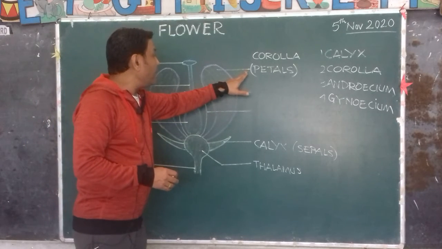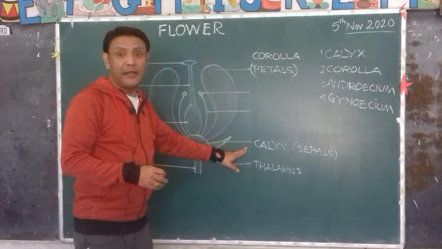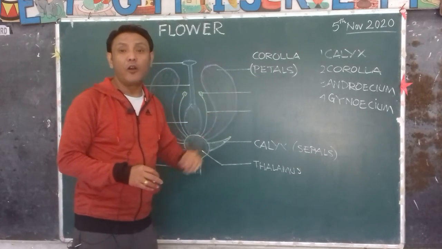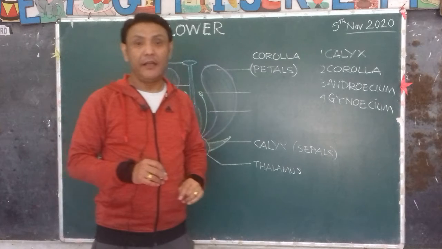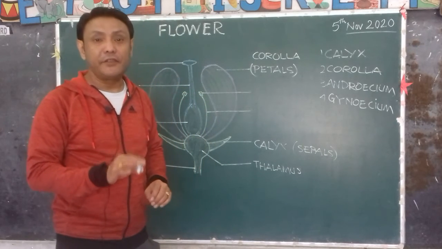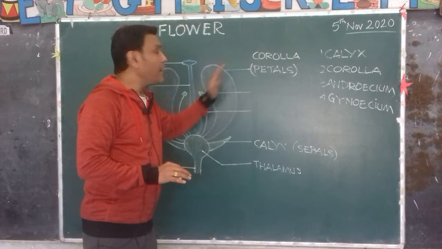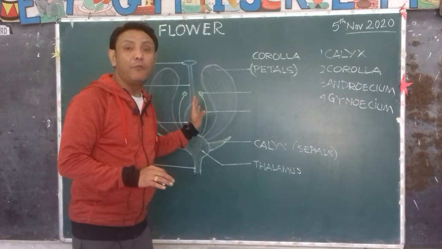Now, the calyx and the petals in a flower are called accessory whorls. They are not necessary; they are accessory whorls. Without the calyx and the corolla, the function of the flower can be complete.